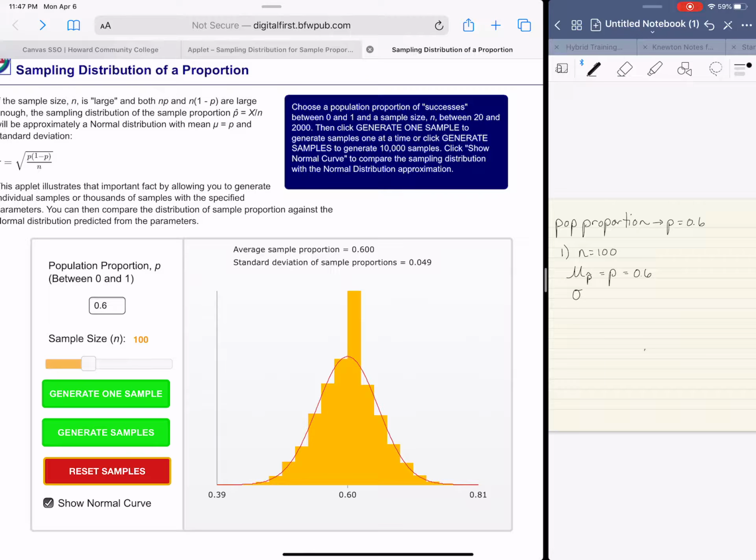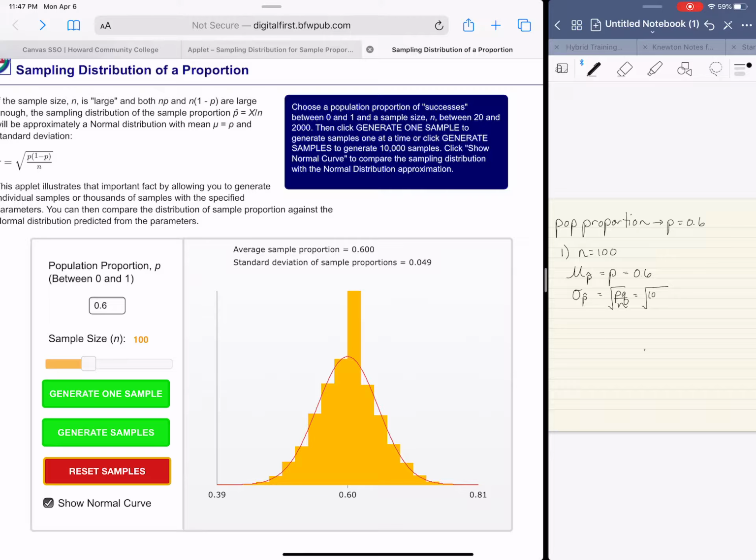So the standard deviation of the distribution of sample proportions is 0.049. There's actually a formula for this, and it's the square root of PQ over n. So let's calculate that with the P of 0.6 and see if we get 0.049.